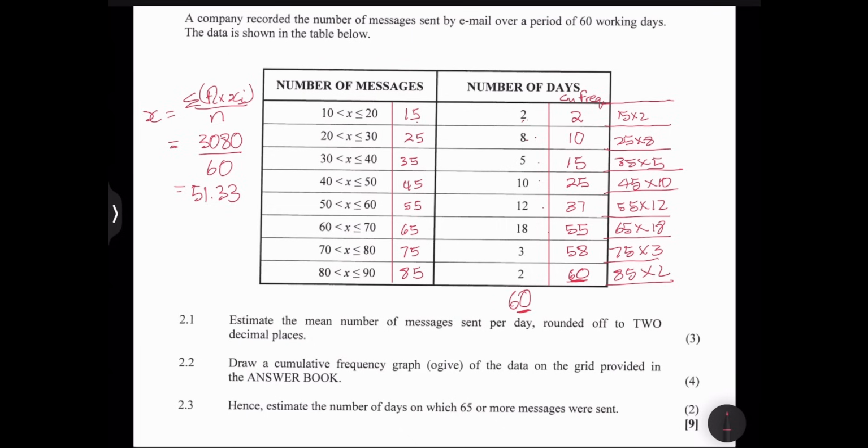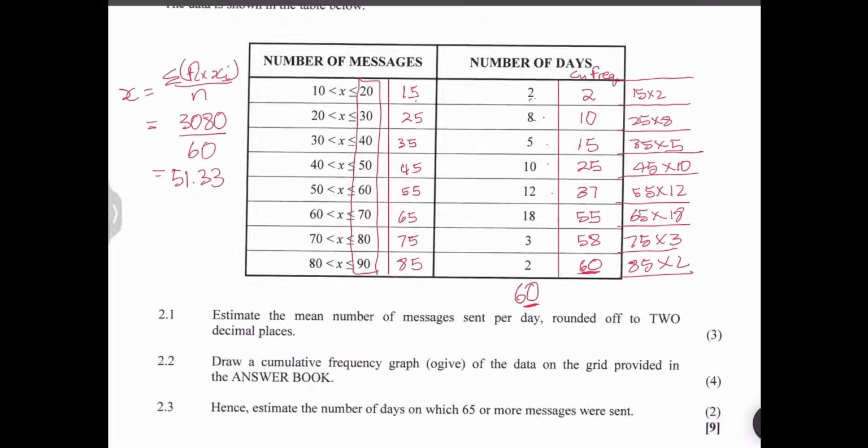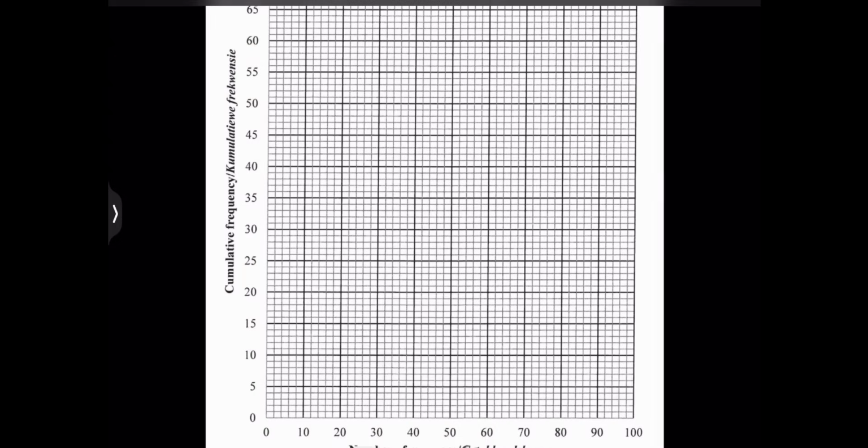All right, now for our x-axis, we're going to take the values. Remember, we said we take the upper bound values. And for our y, we're going to take the cumulative frequency value. Okay, so we are provided this in our question paper.